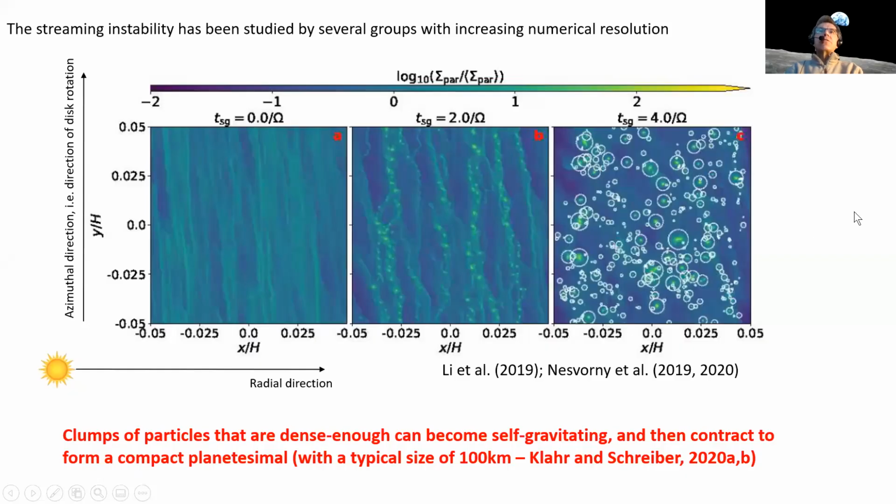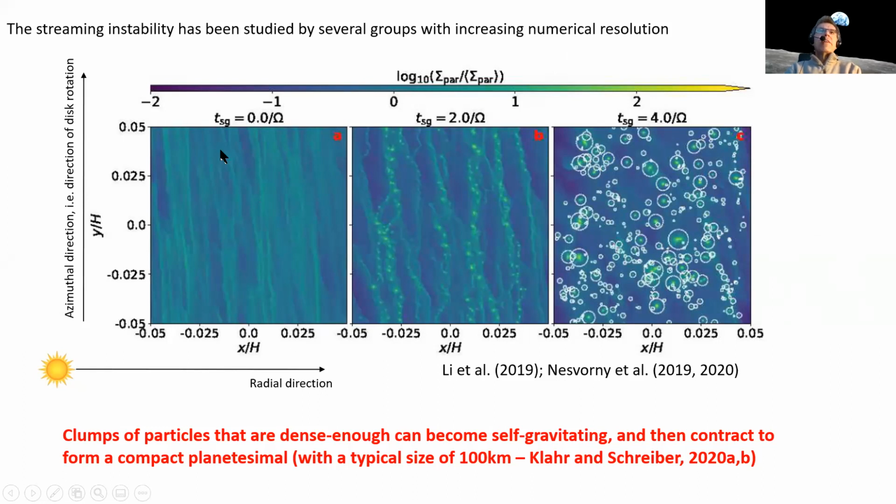These are snapshots from another simulation of the streaming instability. This process has now been studied by many, many groups with more and more sophisticated hydrodynamical simulations with increasing numerical resolutions. And these plots are taken from the work of Lee et al., and then used in these works by Nesvorny et al. So what are we seeing here? This is another view of the disk, now top down.